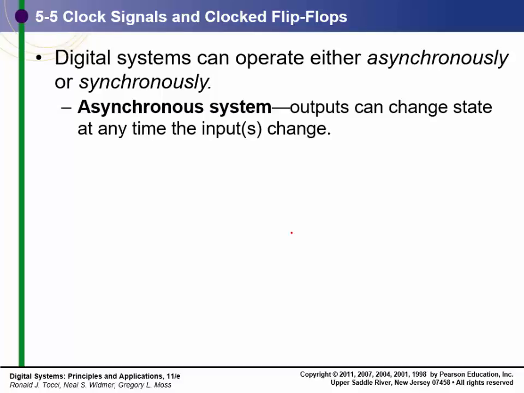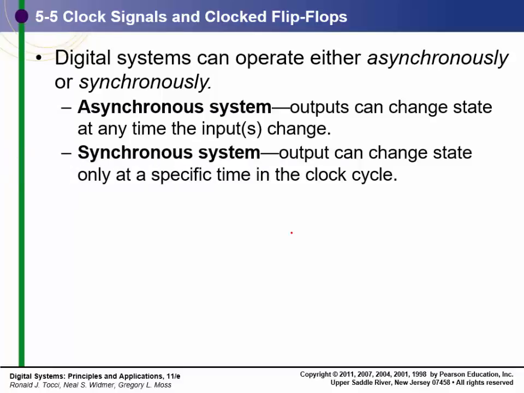Synchronous systems can only change state at a specific time in the clock cycle. Synchronous systems will change state either on a rising or falling clock edge. That's the only time they change state.